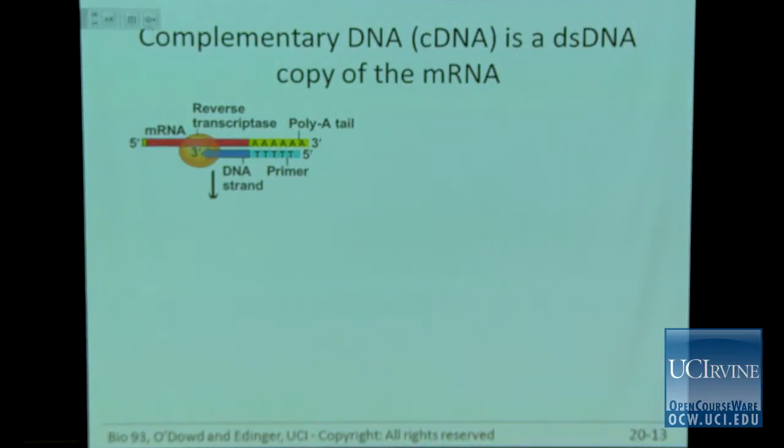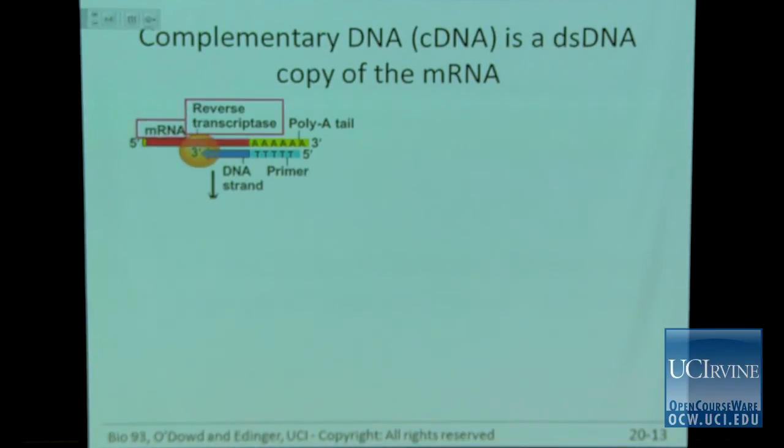So now we're going to talk about cDNA, which is another really cool and important concept in recombinant DNA technology. The C here is for complementary DNA, and it is a double-stranded DNA copy of the mRNA that's present in a cell at a particular moment in time. So the first thing you do is you isolate the mRNA from the cell.